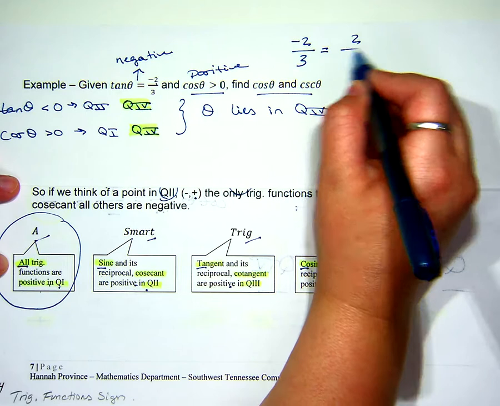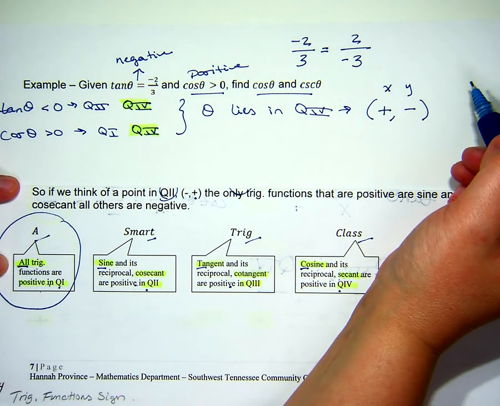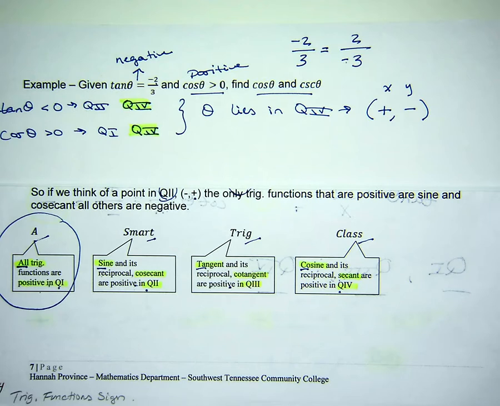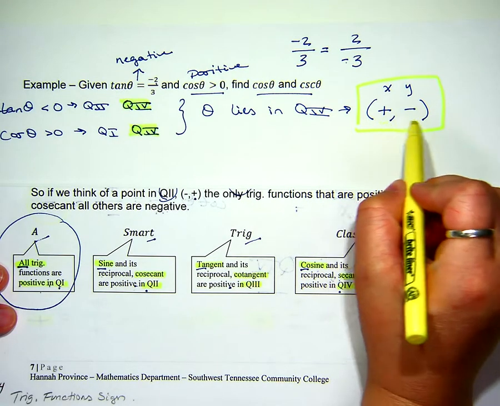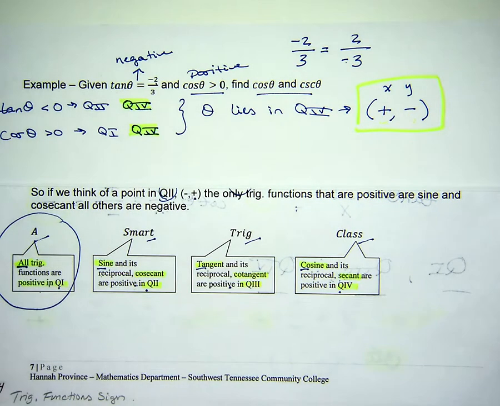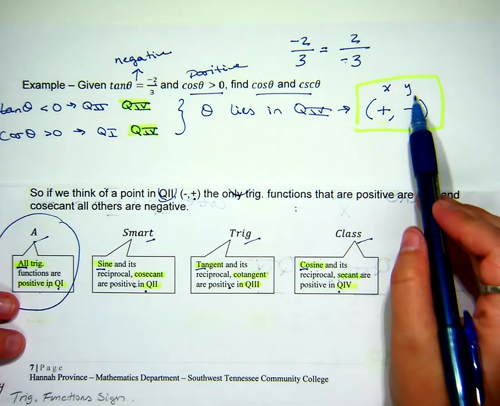It means the same thing as this, where the negative's in the bottom. So the one thing you have to do is figure out, okay, what kind of point am I talking about, so that I know what quadrant I'm in, so that I know where that negative really goes. In this case, the negative goes with y.